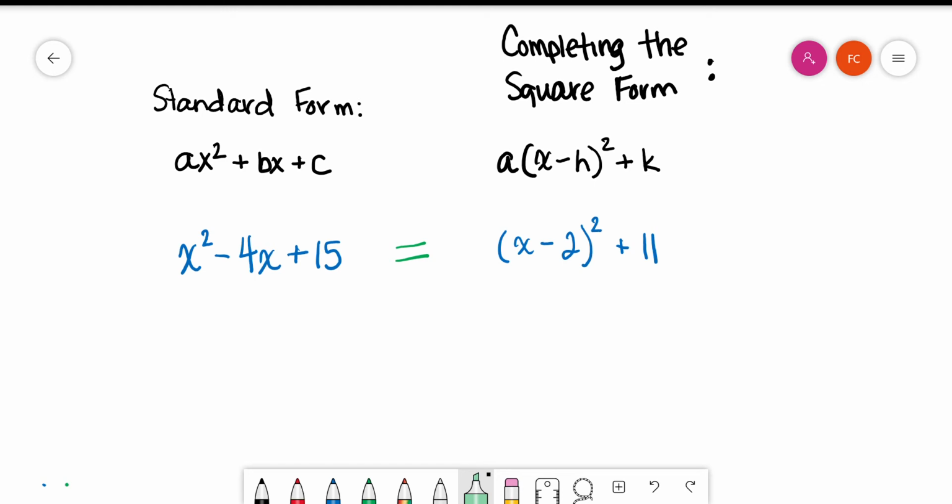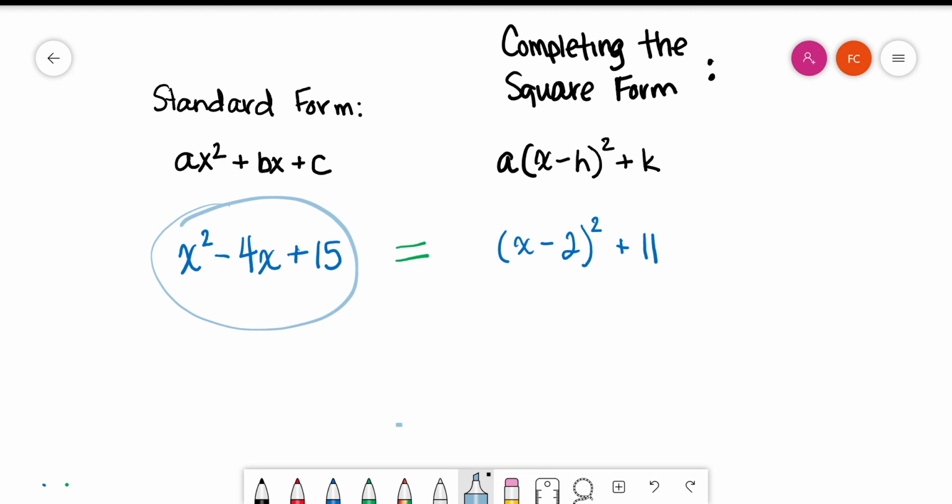Now, before I teach you how to solve a quadratic equation by completing the square, I first need to teach you how to rewrite it into completing the square form. So we're all used to seeing the quadratic equation looking like this. We call this standard form.